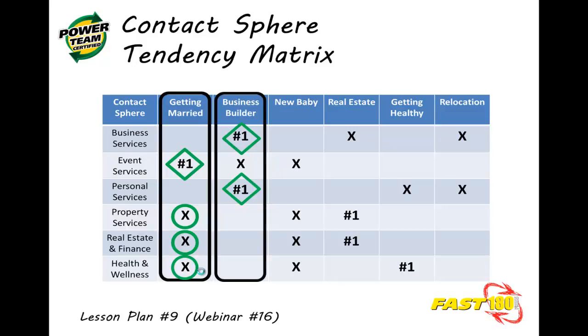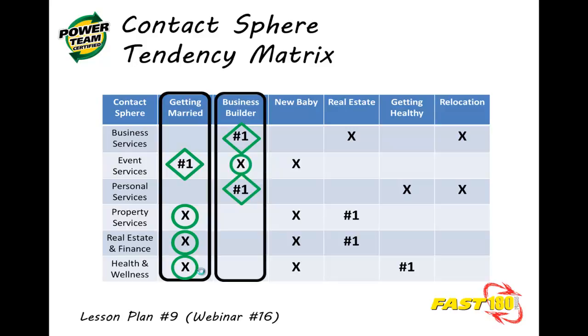So by understanding, if you're in the business builder key situation, if you're a business coach or some other business that's specifically business to business, look around the chapter and ask, well, who in these other contact spheres can be relevant, not just to the business of business, but to the lifestyle of my client.